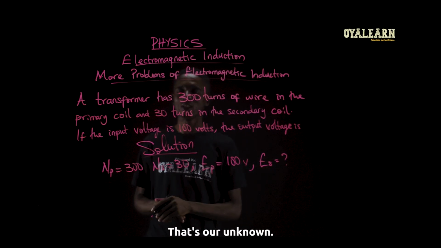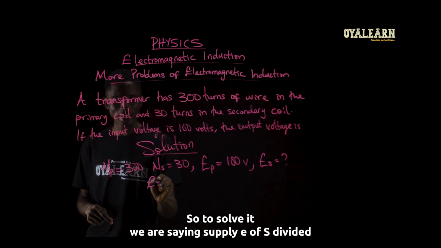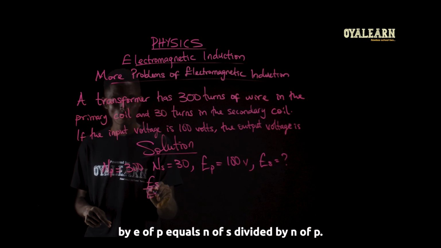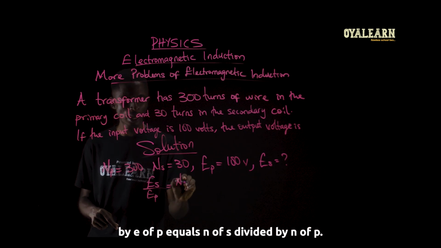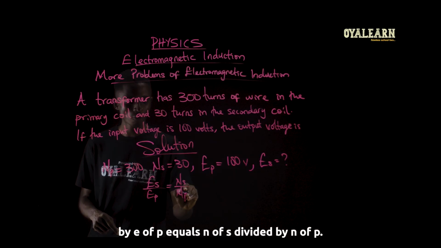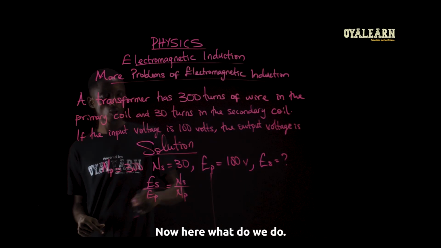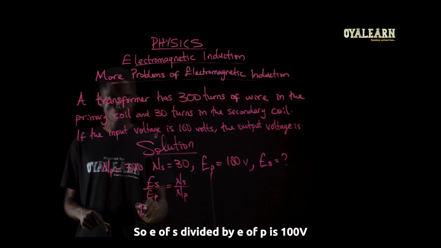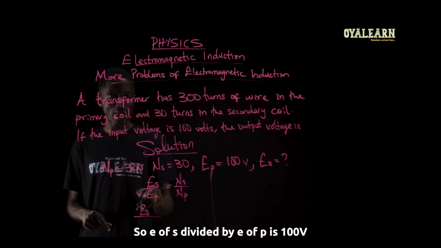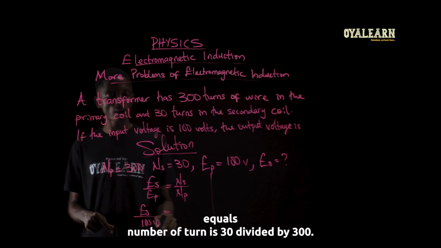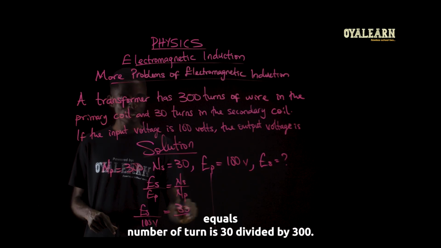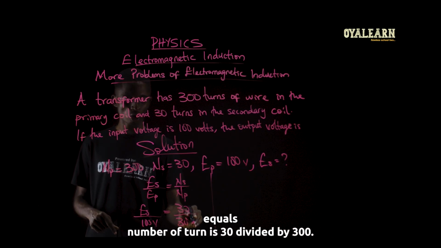That's our unknown. So to solve it, we are supposed to apply E_S divided by E_P equals N_S divided by N_P. Now here, what do we do? We substitute. So E_S divided by E_P is 100 volts, equals the number of turns in the secondary, that's 30, divided by 300.